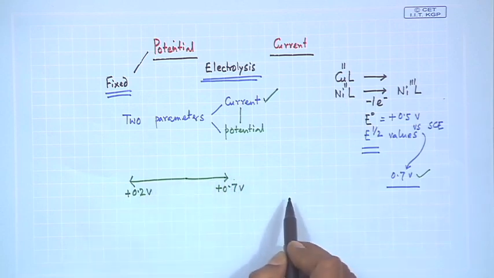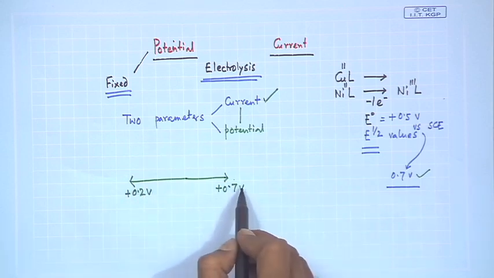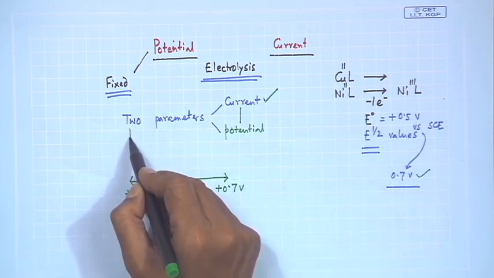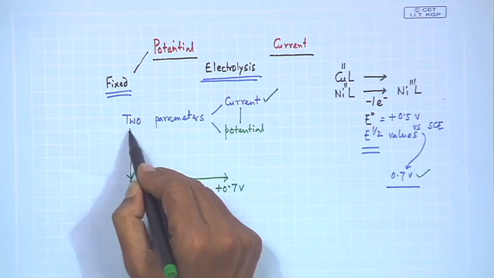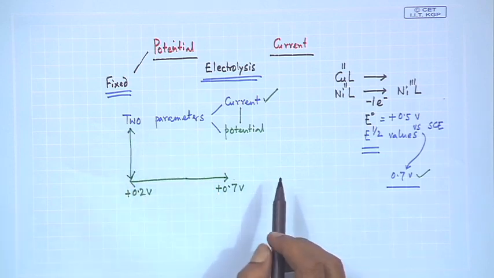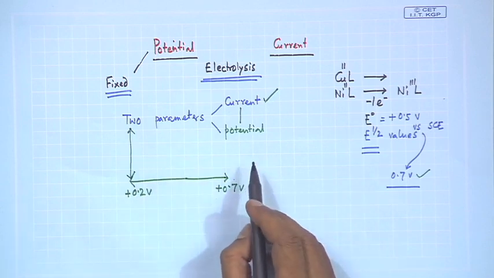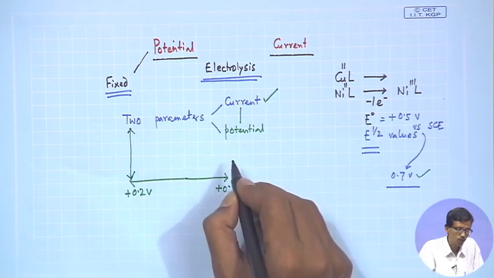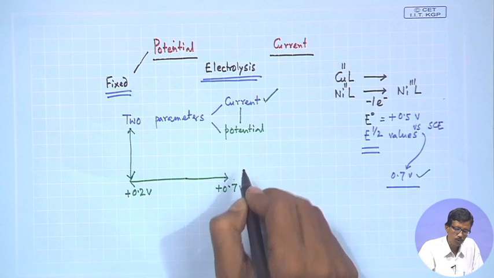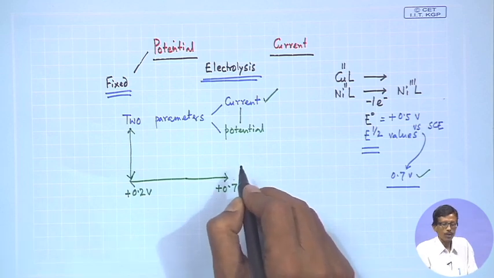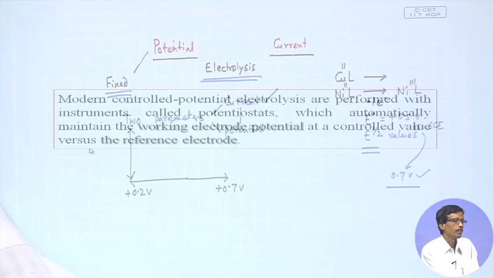So, on one axis you have the potential, and on the other axis you can measure the corresponding current. But what we see is that the potential is falling and the current is falling during the electrode deposition. So, that amount of deposition we can measure for electrogravimetric measurements.